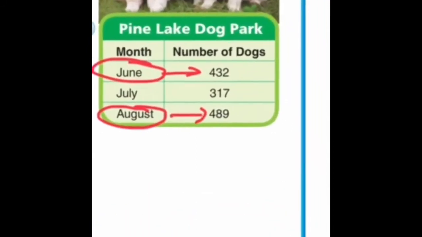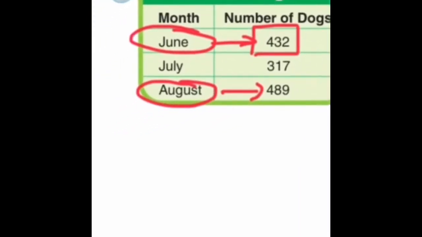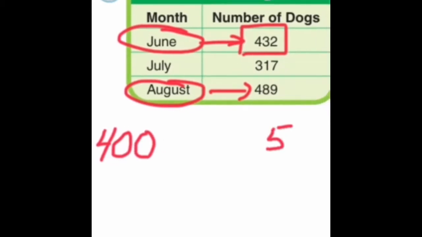So when we look at June, June has 432 dogs. Generally, when we're looking at numbers in the hundreds like this, we're going to round to the nearest hundred. So if June has 432, our first choice is 400, and our second choice, when we're rounding to the nearest hundred, is 500. So we're counting by hundreds. 400, 500.